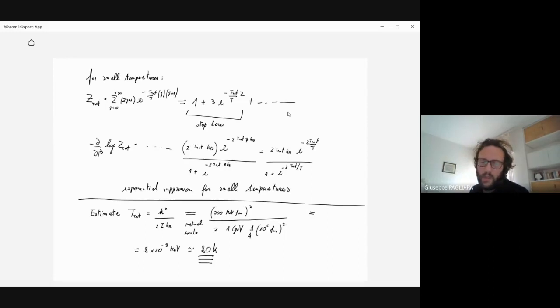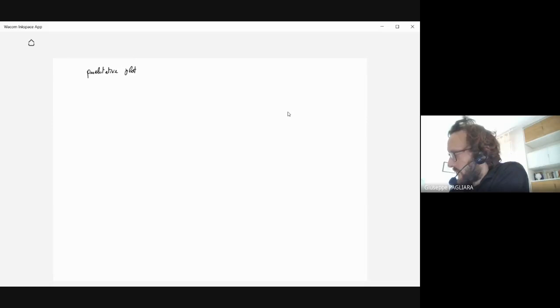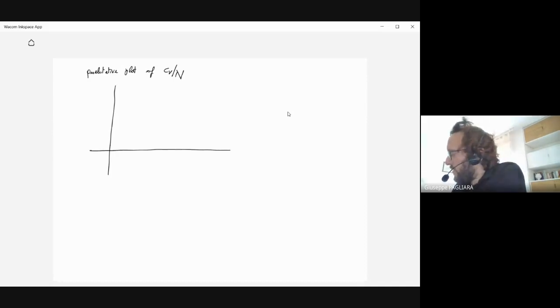Okay. So now we can make a qualitative plot of the heat capacity per particle, which will work as follows. Suppose that here I have the temperature, and here let's plot CV divided by N, the heat capacity per particle.